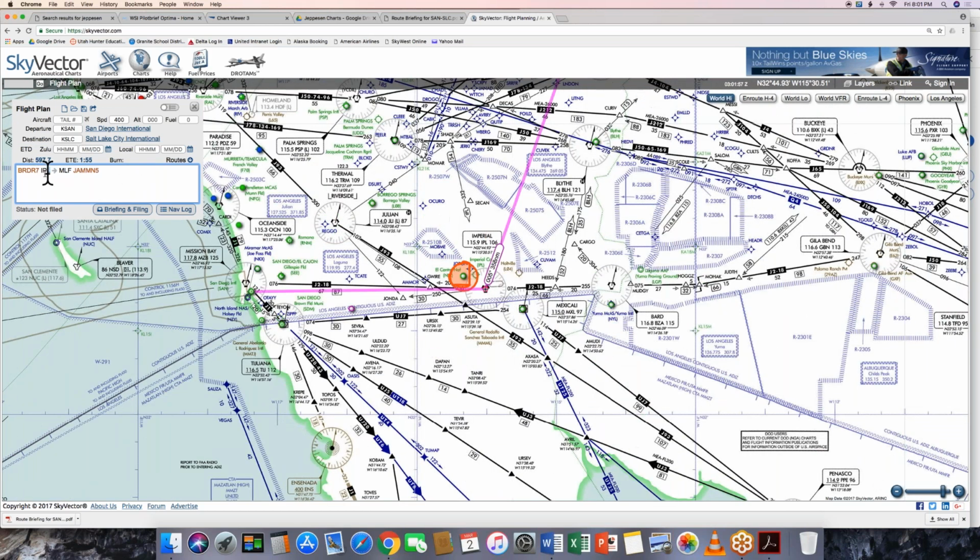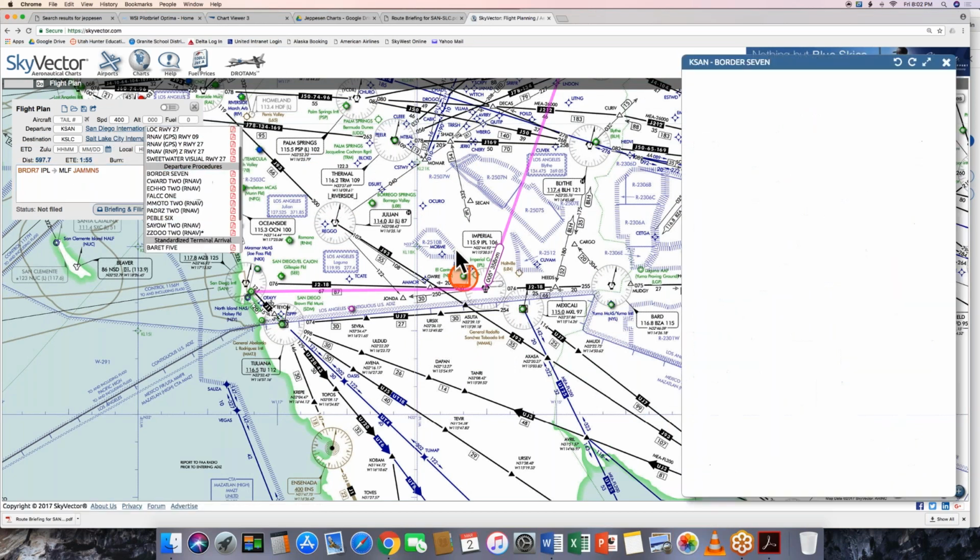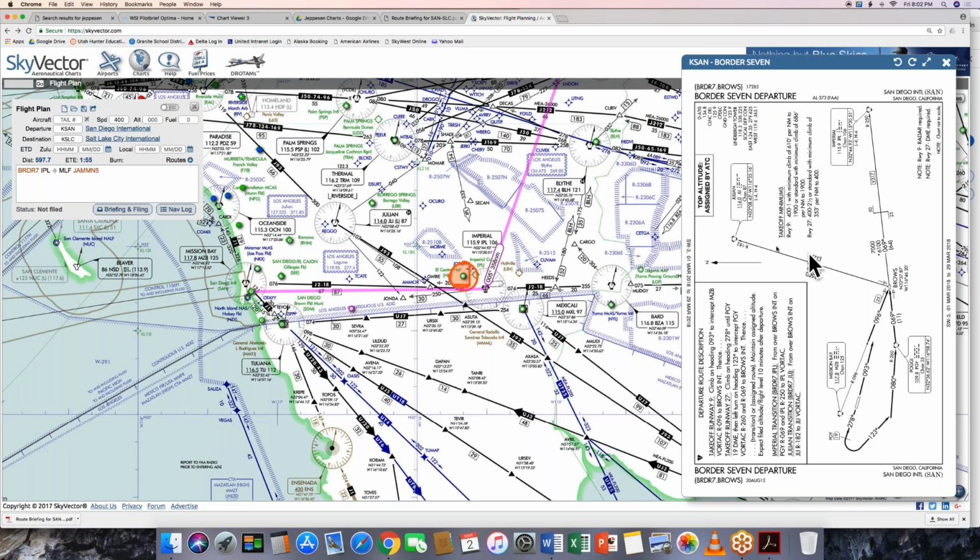Why does it only want to use IPL? That's not the route I want to take. Let's see if it's different on here.